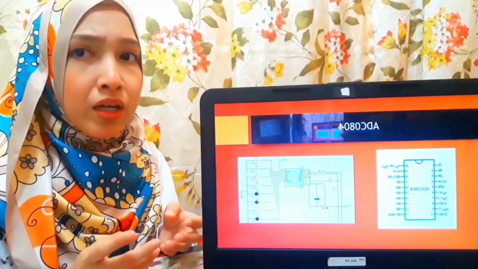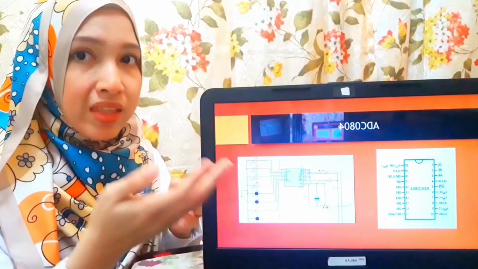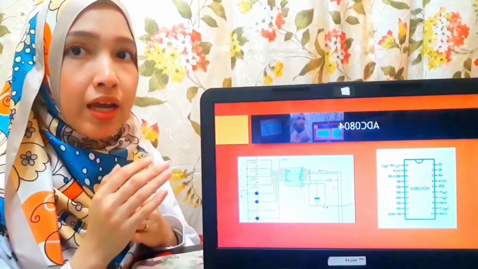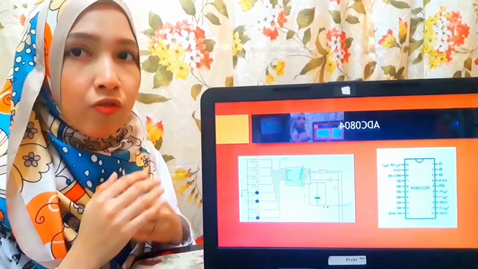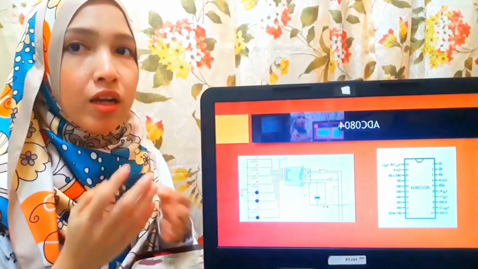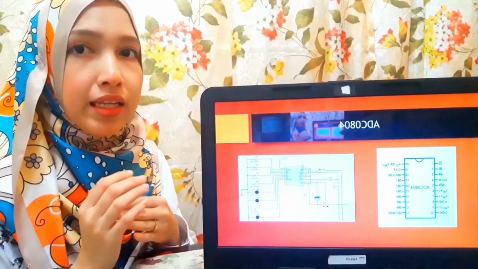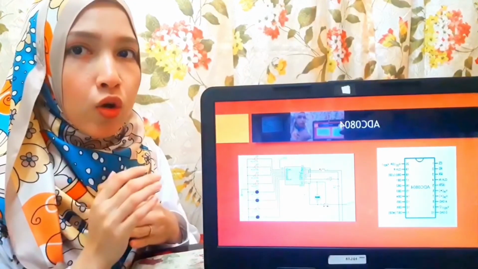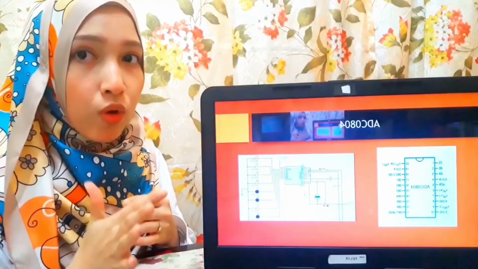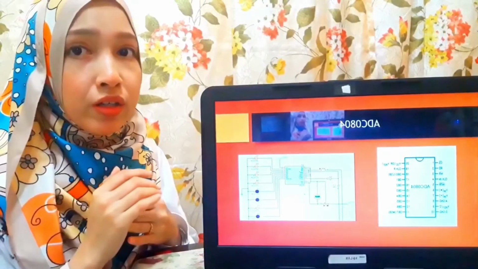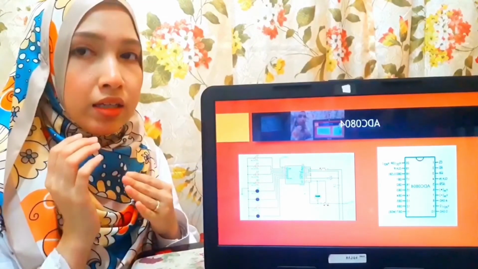For example, if the analog input voltage Vin is 5 volt, then all LEDs will glow, indicating 1, 1, 1, 1, 1, 1, 1, 1 in binary, which is the equivalent in decimal.